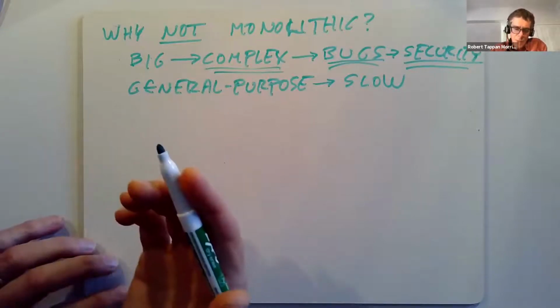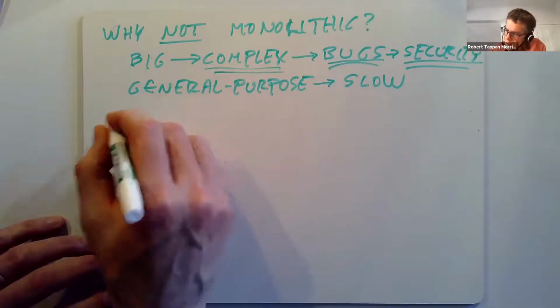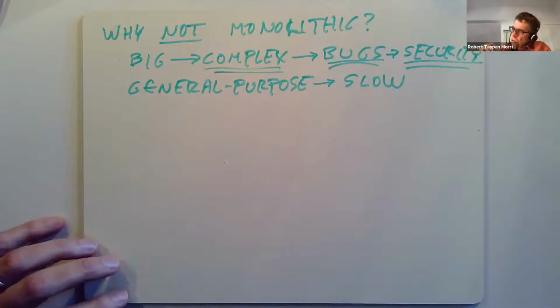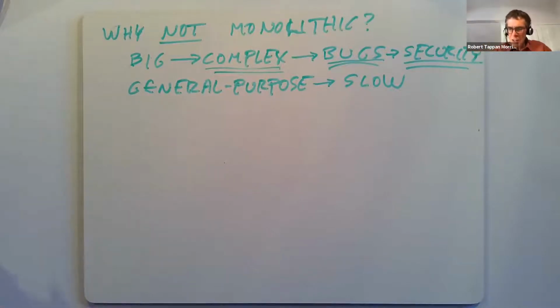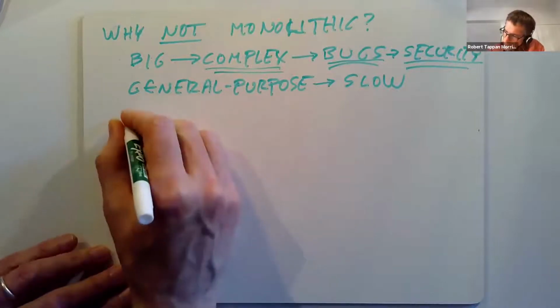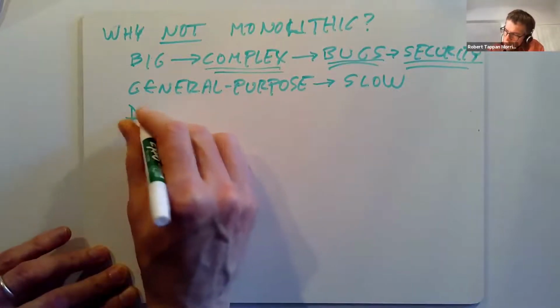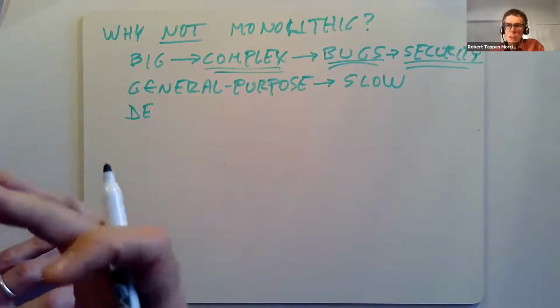Another potential problem with these big kernels is that because they're so big and they intentionally bite off some very sophisticated abstractions, they tend to have a lot of design decisions baked into the kernel. Even if you disagree with them, tough luck.